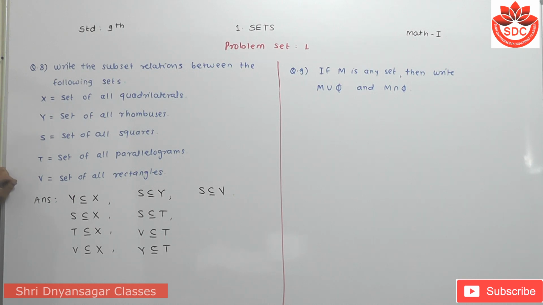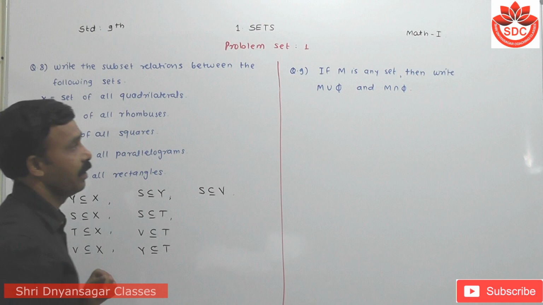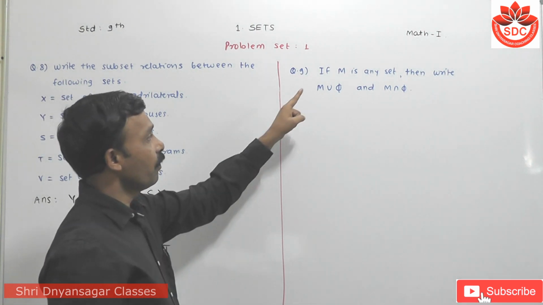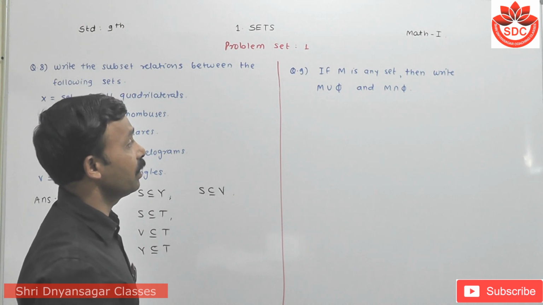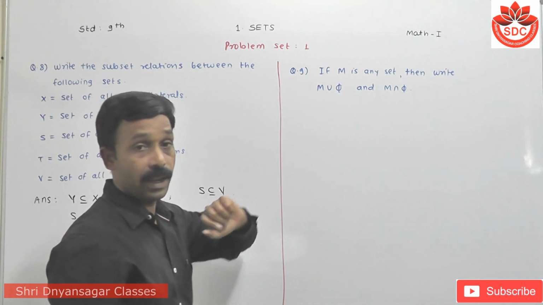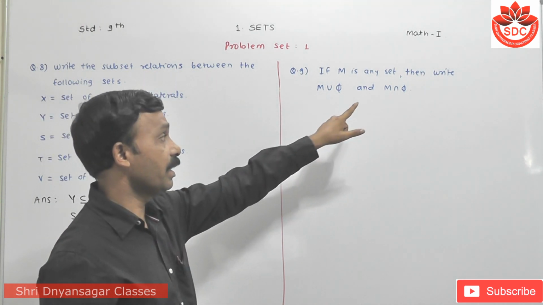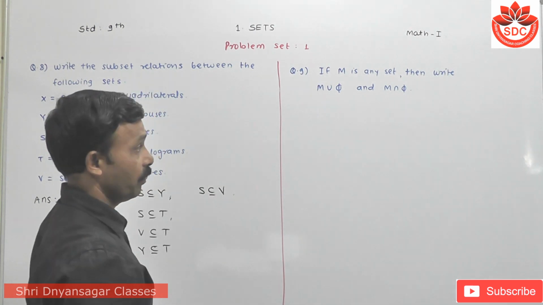Okay, we take question number 9. If M is any set, then write M union phi, that means the empty set, and M intersection phi.